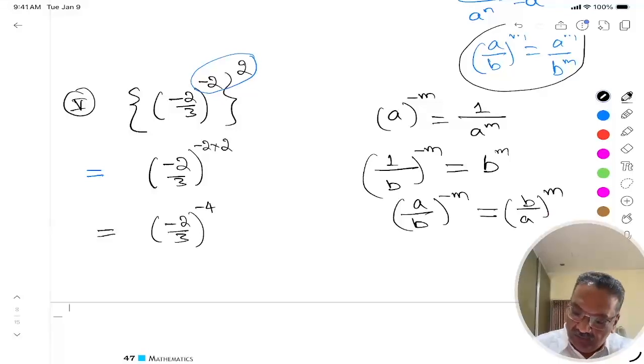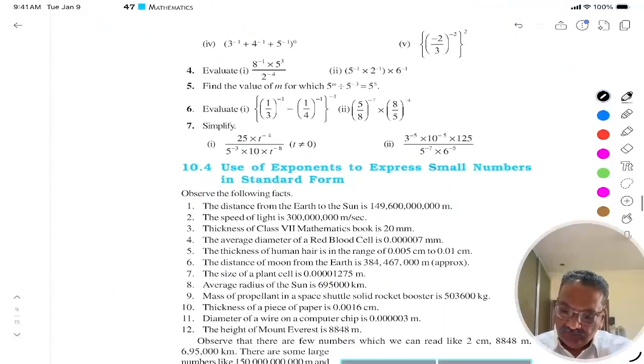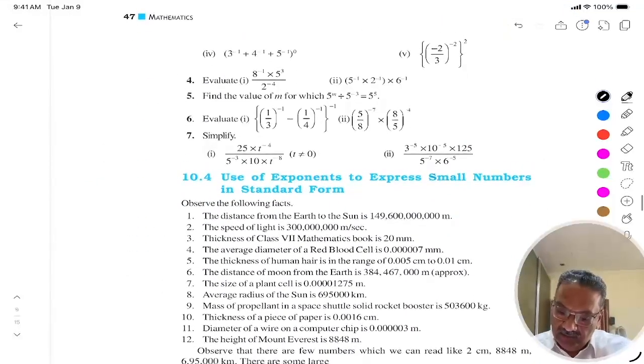That way you can directly write this as -3/2 to the power of 4. This is another possibility. So the third part is over.